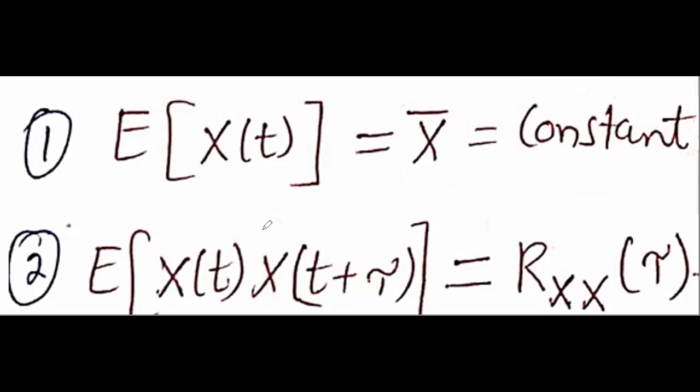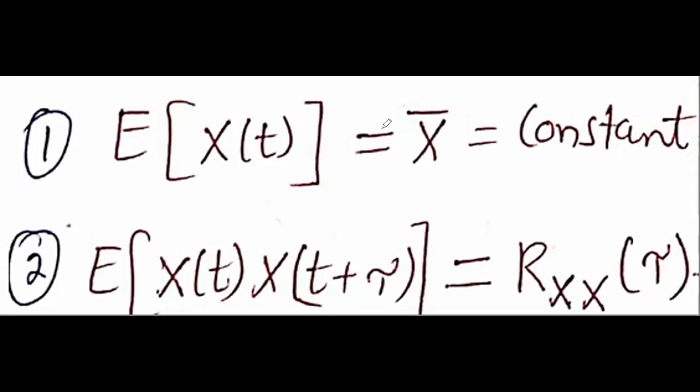And see, this is nothing but the autocorrelation function of two random variables, which we had seen previously for the consideration of two random variables x1 and x2. They are defined at two time intervals t1 and t2 of a random process x of t. So simply here, this wide sense stationary process is nothing but a random process x of t of second order stationary process.